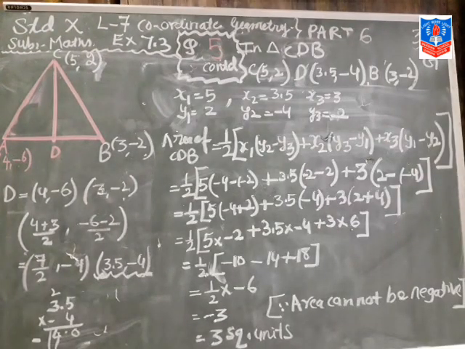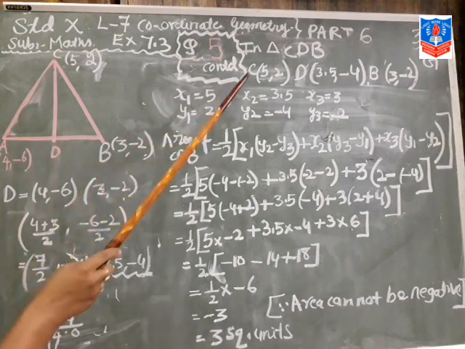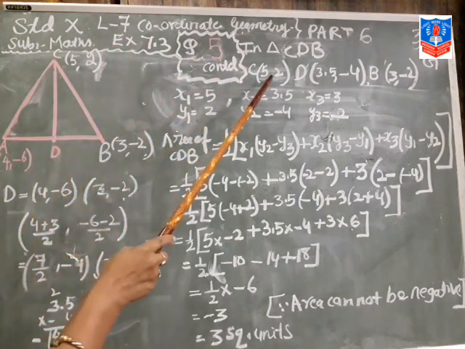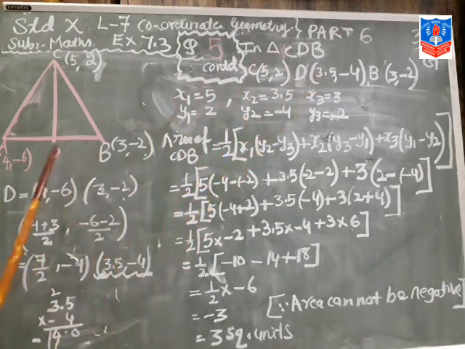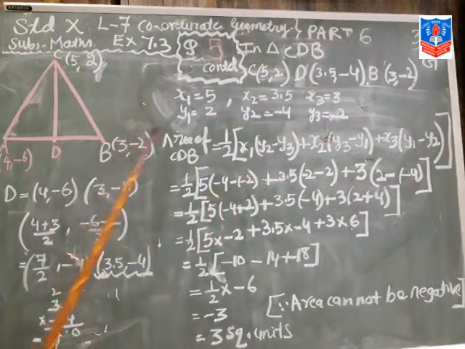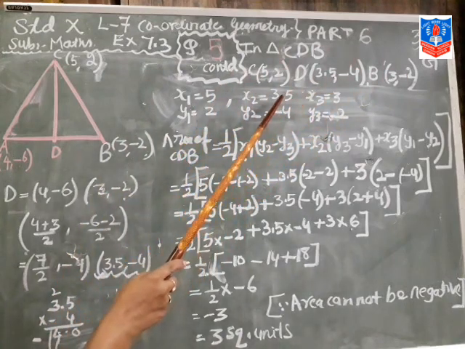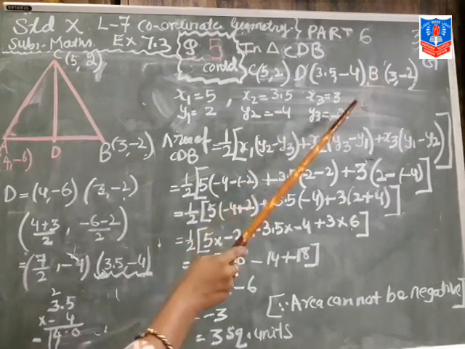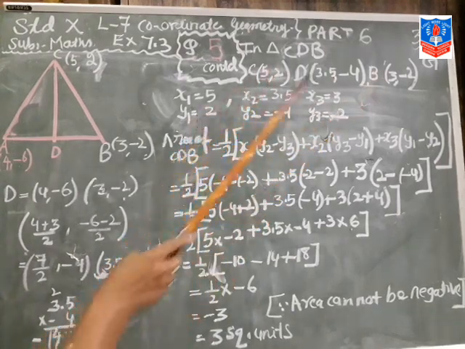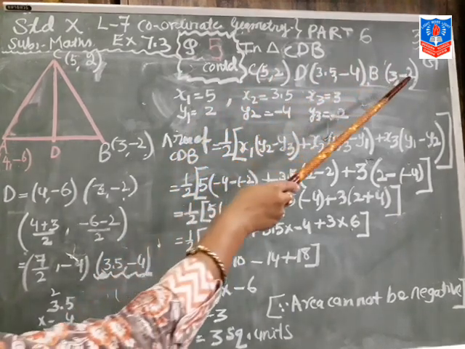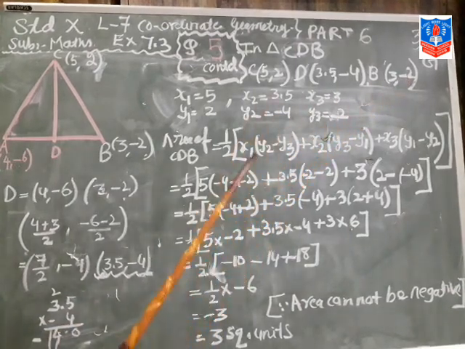Now question 5, continue. Now we are calculating CDB. C we are writing 5 comma 2, then D 3.5 comma minus 4, and B 3 comma minus 2. X1 is 5, X2 is 3.5, X3 is 3, Y1 is 2, Y2 is minus 4, Y3 is minus 2. Clear? So here the formula we are writing each and everything.